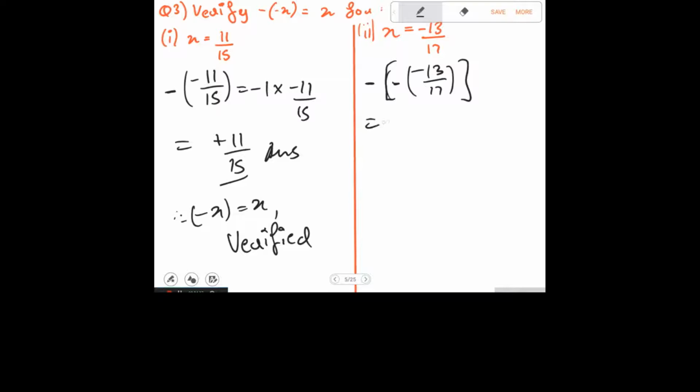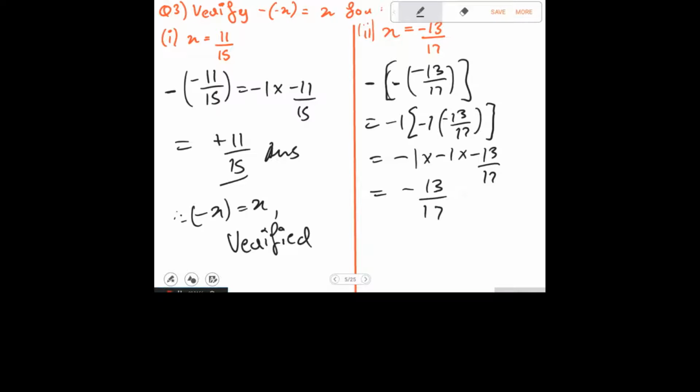so we can write it as minus 1 bracket minus 1 bracket 13 by 17, which equals minus 1 into minus 1 into minus 13 by 17, so this minus 1 and this minus 1 will cancel, so it will be minus 13 by 17, which is the answer.